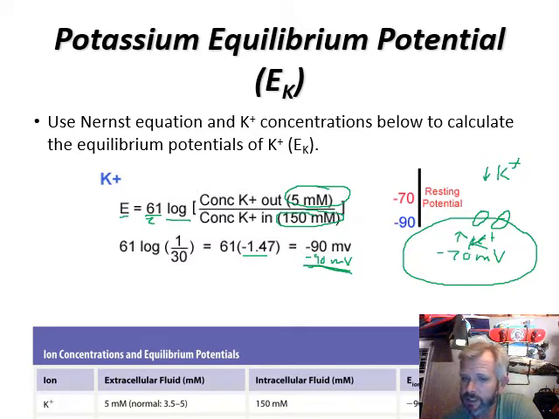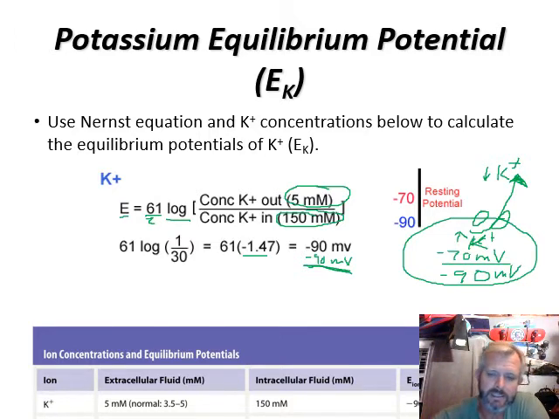The concentration gradient is saying move out. As potassium moves out, what happens to this number here? Potassium is taking out its positive charge, so this number starts becoming more negative. And let's say so much potassium has moved out that we're at negative 90 millivolts.